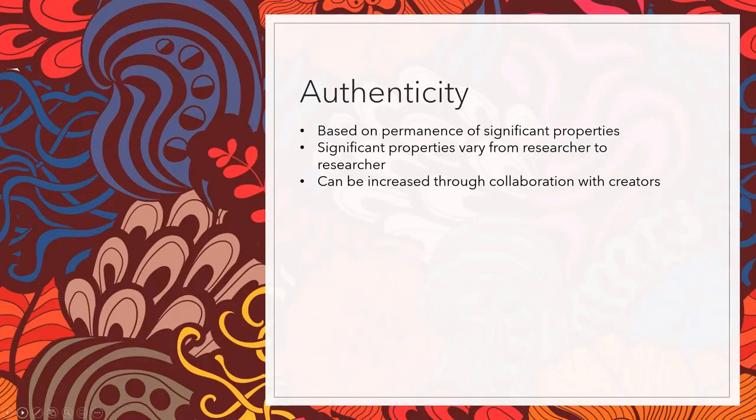So working with records creators to get information about the content of records, about the context of records, about what the records were used for, how the records might have changed over time, and so on, can really give you a good perspective on how authentic the records that are coming into an archive are, and what type of information can be used to support a claim of authenticity that a record might make.